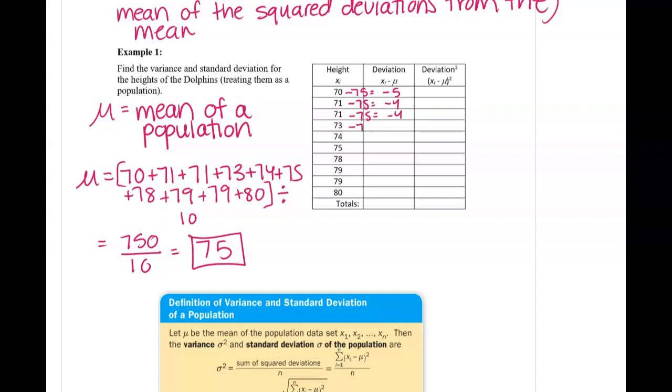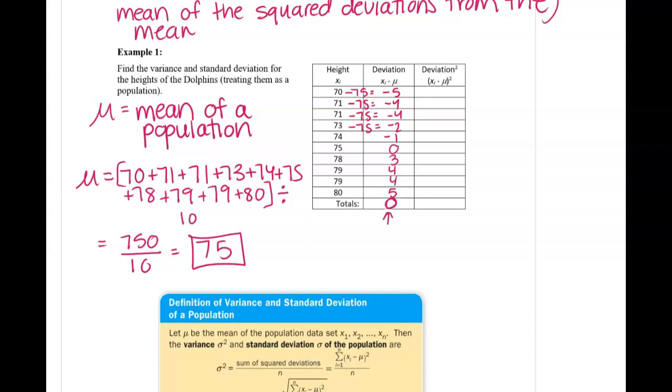So 73 minus 75 is negative 2. 74 minus 75 is negative 1. 75 minus 75 is 0. 78 minus 75 is 3. 79 minus 75 is 4. Again, 4. 80 minus 75 is 5.